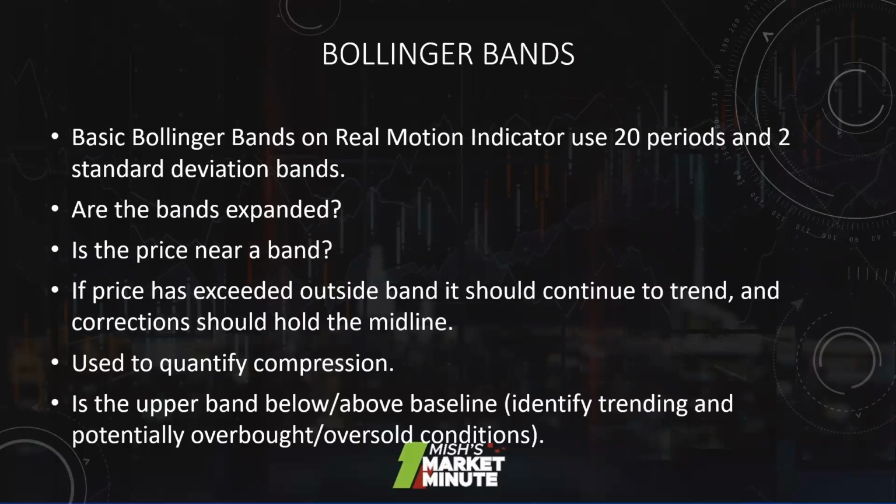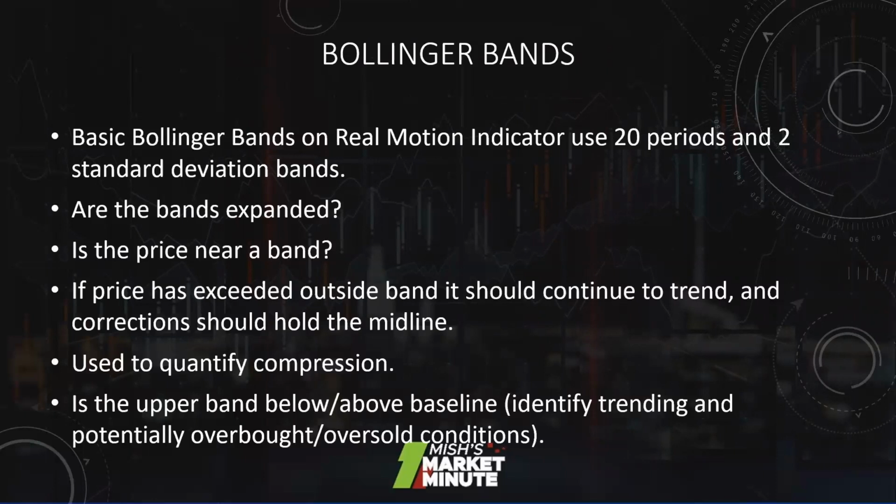And so the questions we're going to ask ourselves regarding the Bollinger Bands are, are the bands expanded? In other words, are they wide or narrow? The other thing you want to find is whether the price is near a band or not. So either it's touching an upper band or a lower band, or it's not in play at all.